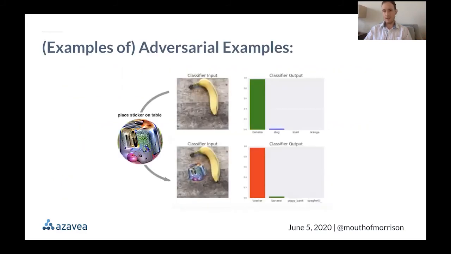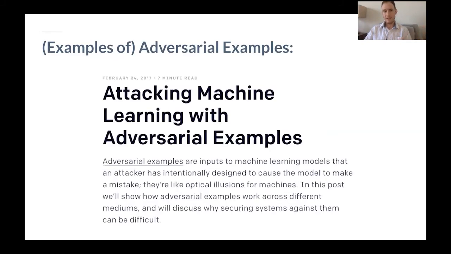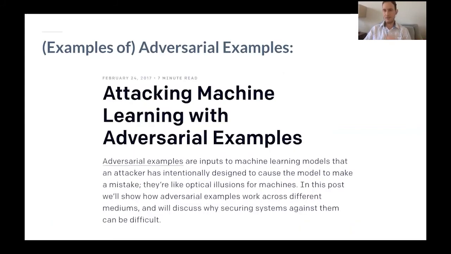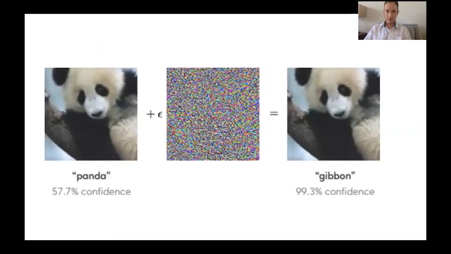There's a famous example of a sort of adversarial sticker that could be placed on the table to confuse a common object detection model and completely throw it off. And again, these aren't very intuitive looking adversarial examples, but it's very much a problem that you have to deal with in reality. These edge cases that you never would have thought about.